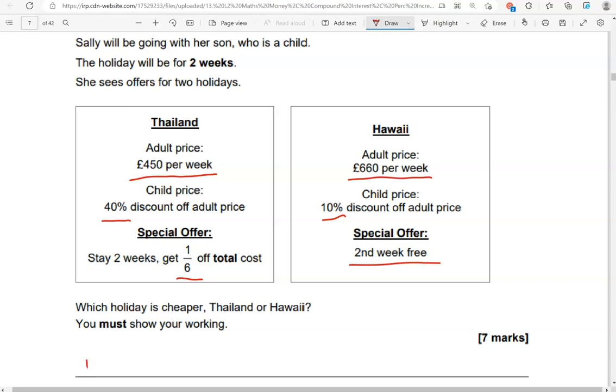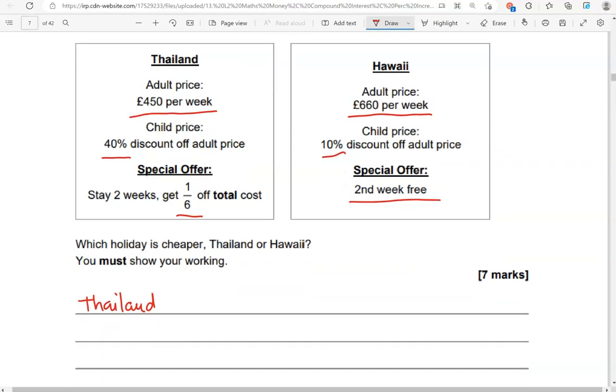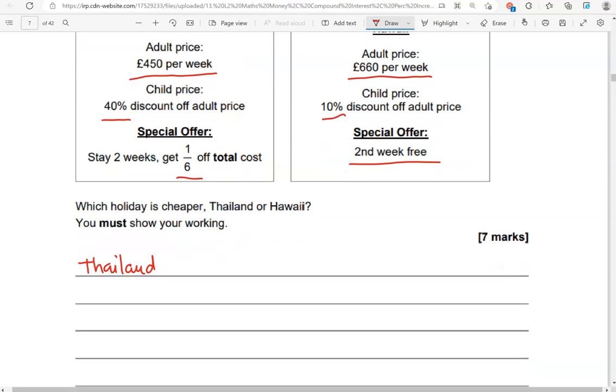So we'll start with Thailand. We've got £450 per week for an adult, and we've got the 40% discount for the child price. So we're going to work out 40% of 450. As we can't use a calculator, we'll use the 10% method.